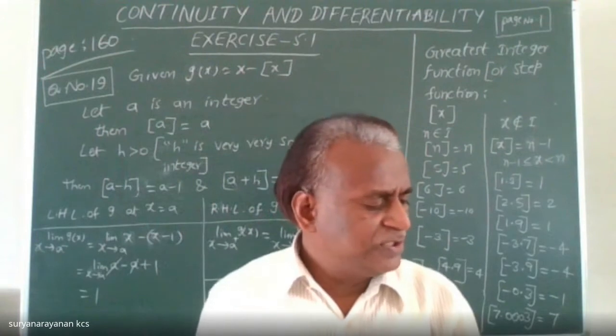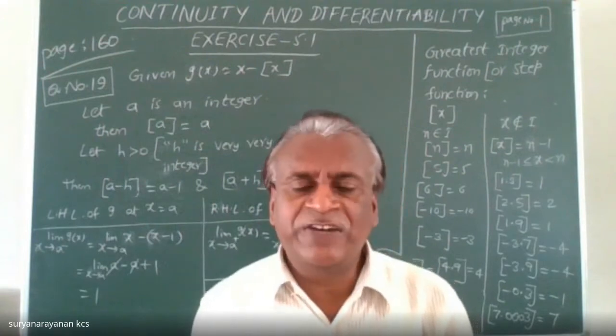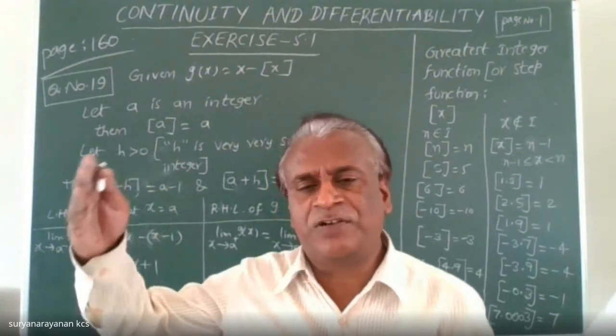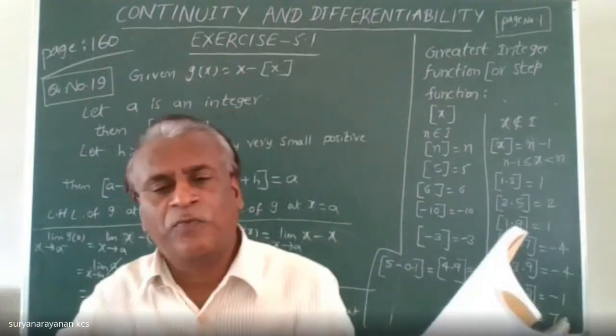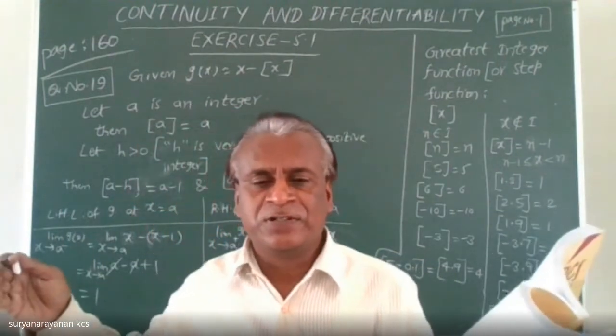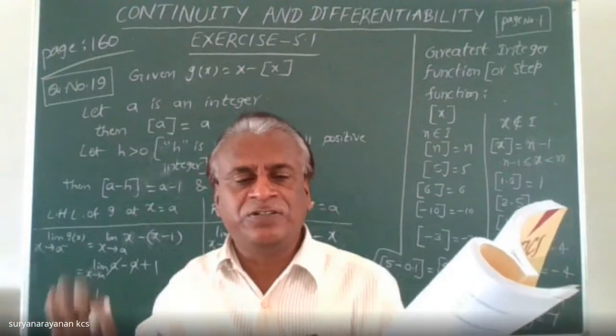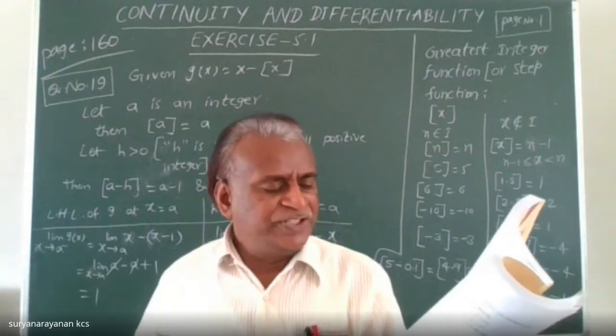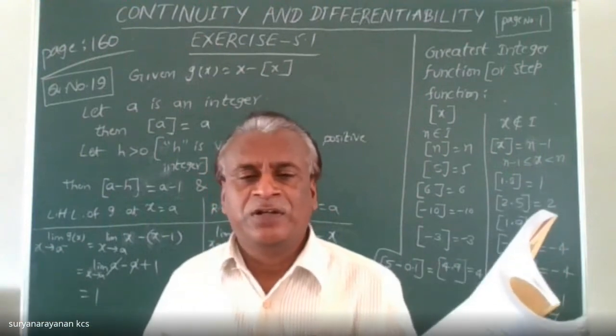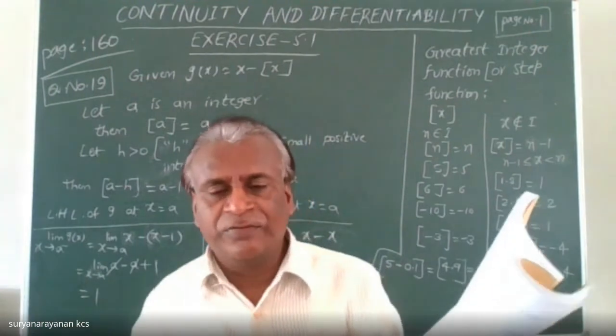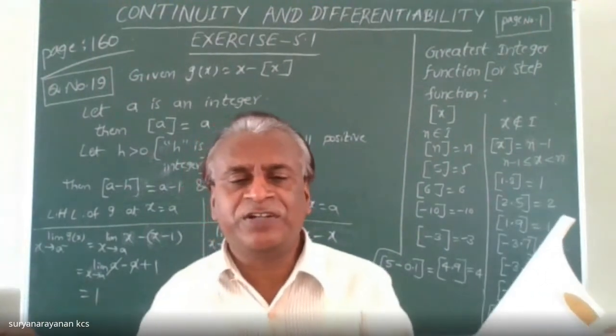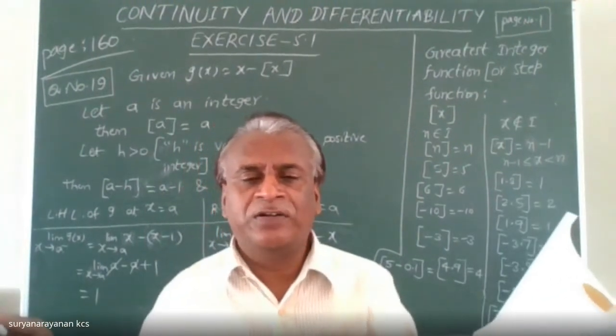Let's discuss the continuity of the cosine function. Cosine function is always continuous for all real numbers. Cosecant: at which point is cosecant not defined?